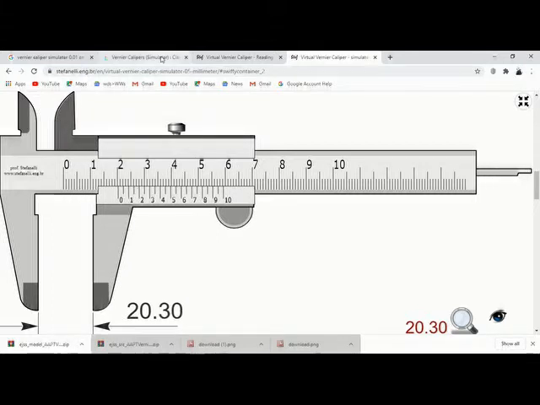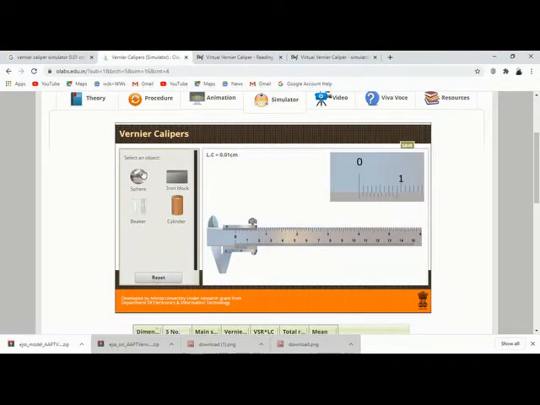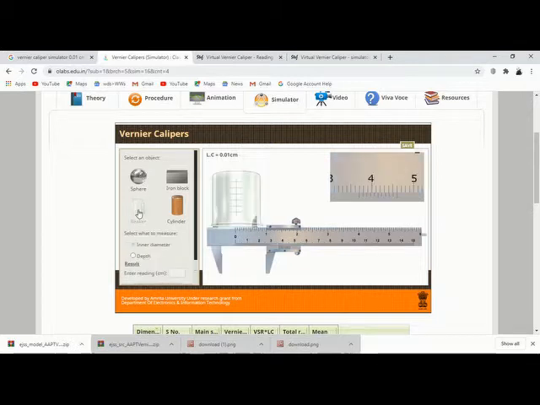Another example, look at this. You have an object, for example, a beaker. You place it here to measure the internal diameter using the outside jaws. Then it touches both ends for you to measure.